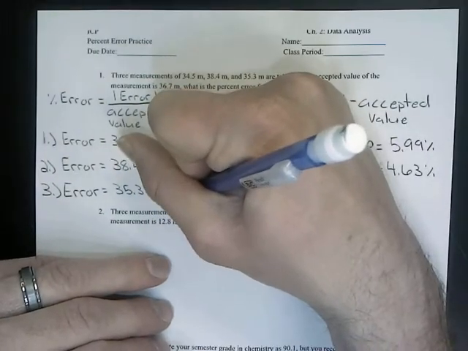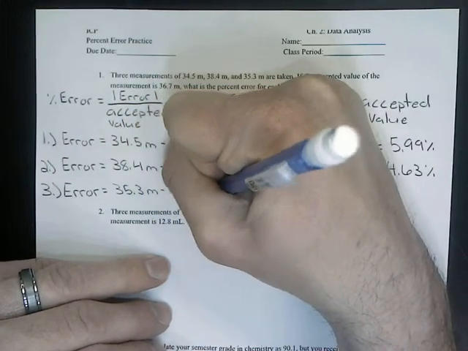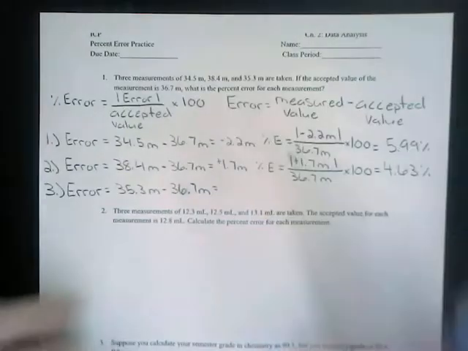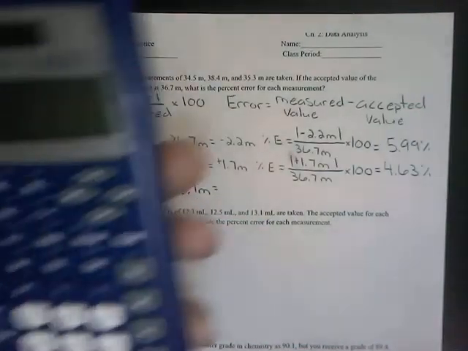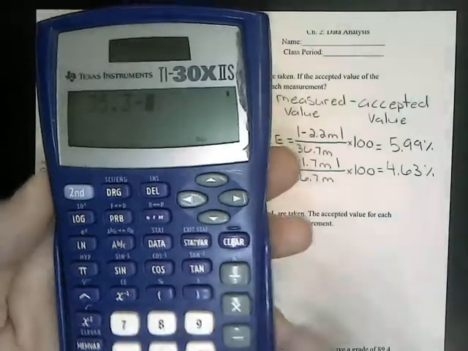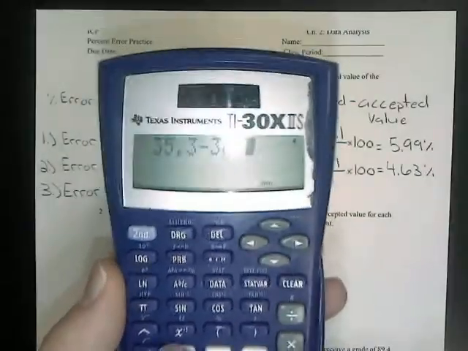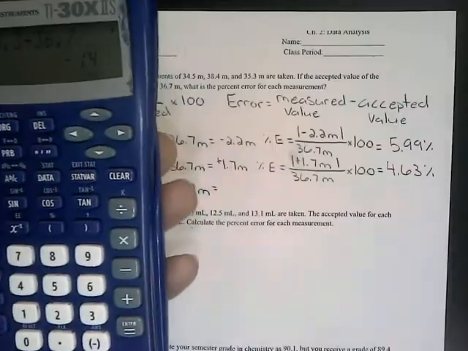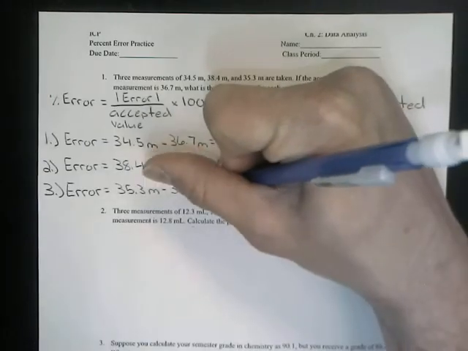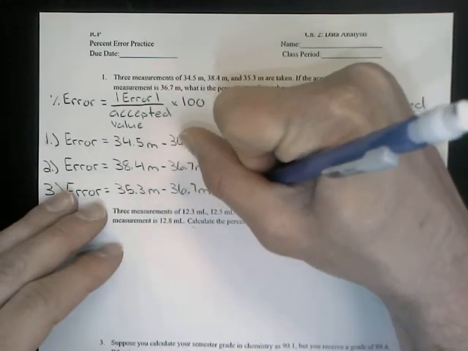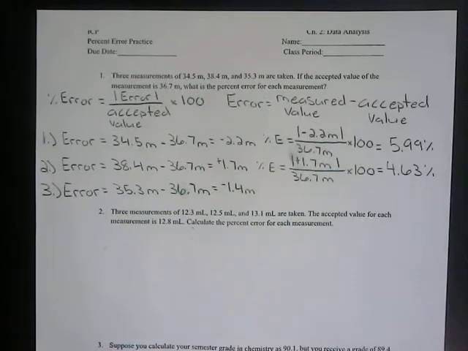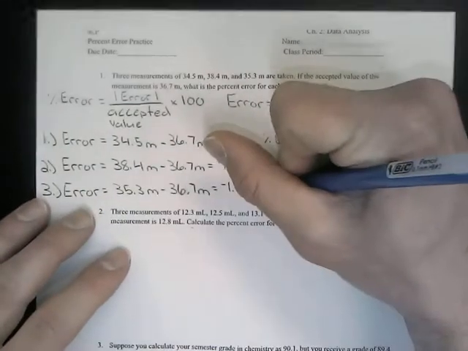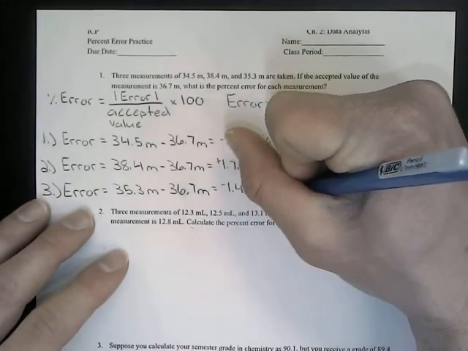And we plug that into our calculator. So we take 35.3 minus 36.7. We press enter and we get a value of negative 1.4 meters. Again, the sign doesn't really matter because the absolute value makes our sign positive.